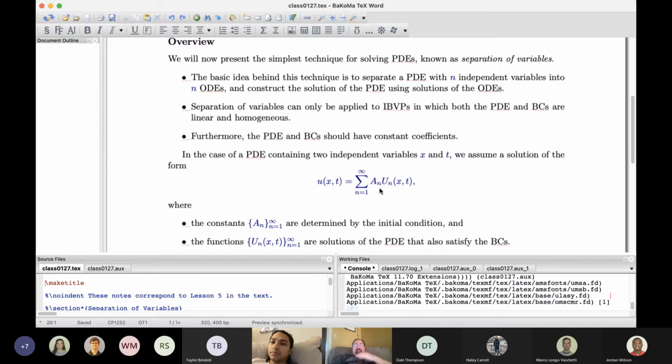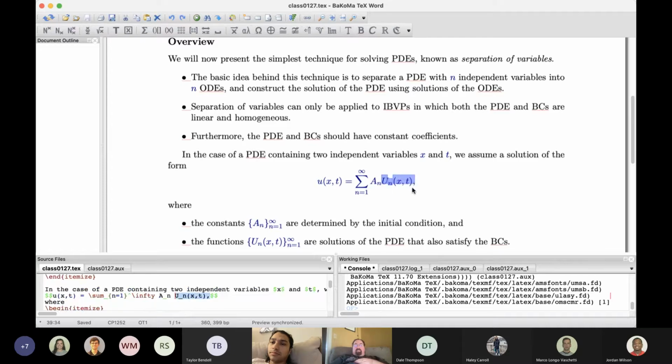Okay, so the idea is our solution is going to be u(x,t), and it's going to be expressed as a linear combination of infinitely many functions u_n(x,t), where each one is a solution of the PDE and also satisfies the boundary conditions. We just need to find the right linear combination of them, using the coefficients a_n, so that the solution also satisfies the initial condition.